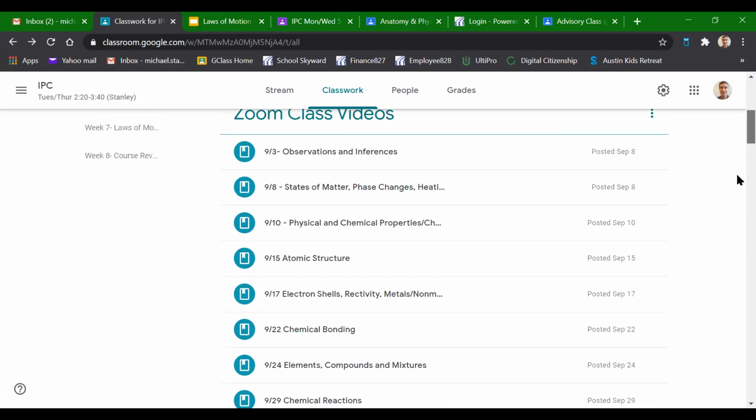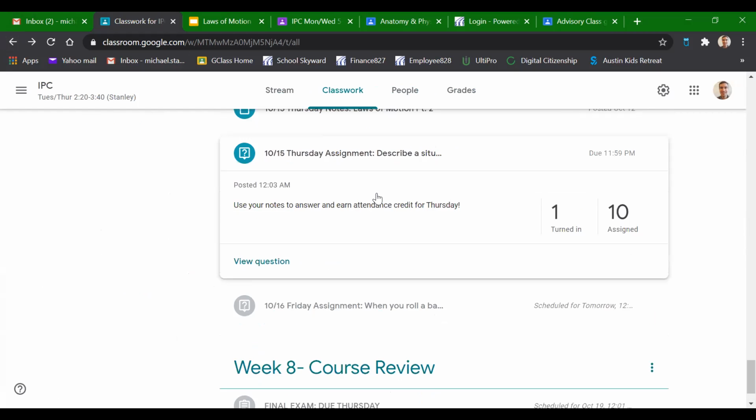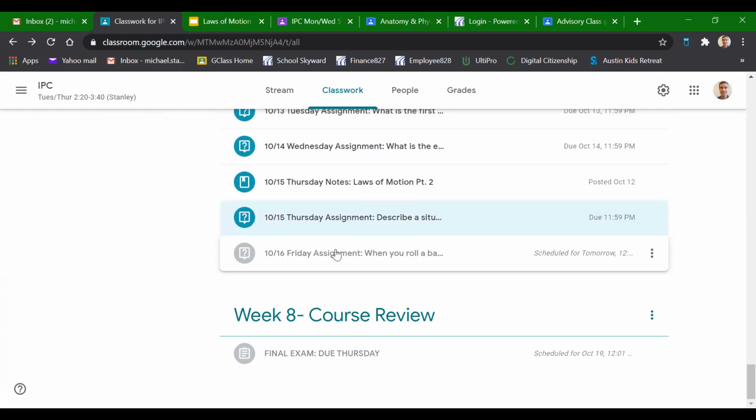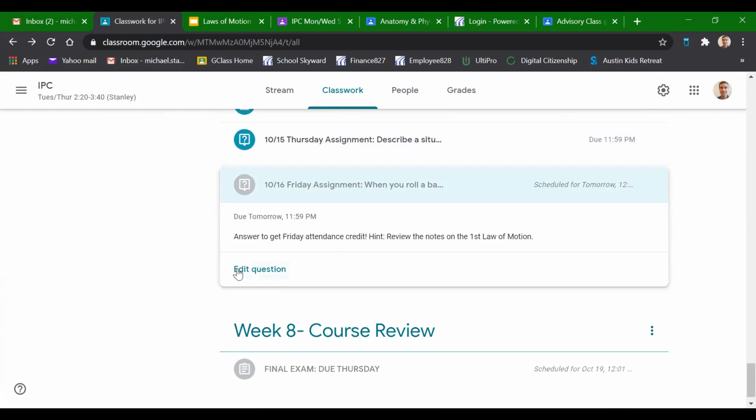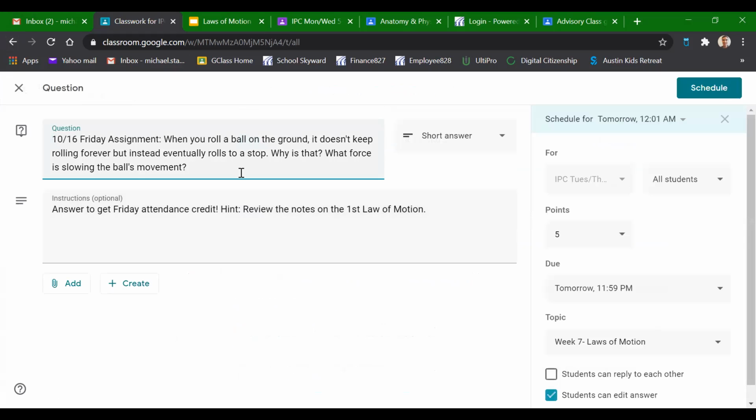And then tomorrow for your Friday assignment is another law question about how when you roll something along the ground, it doesn't keep rolling forever, but instead it eventually stops. Why is that? What's causing it to stop?